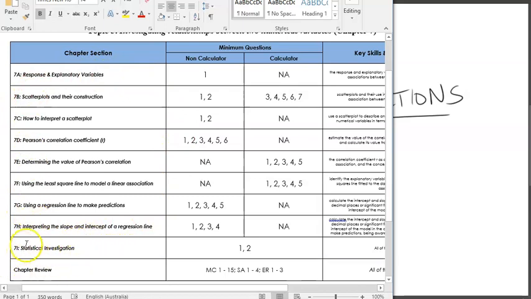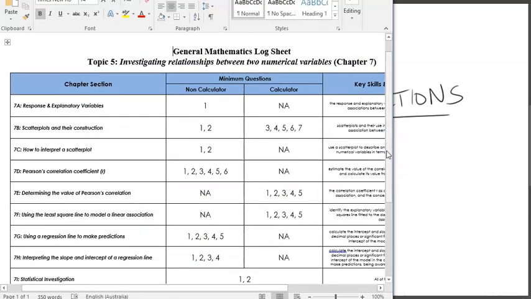So there won't be a lesson video for 7I. And then afterwards is the chapter review. This concludes the chapter 7, investigating relationships between two numerical variables. See you potentially in the next video.